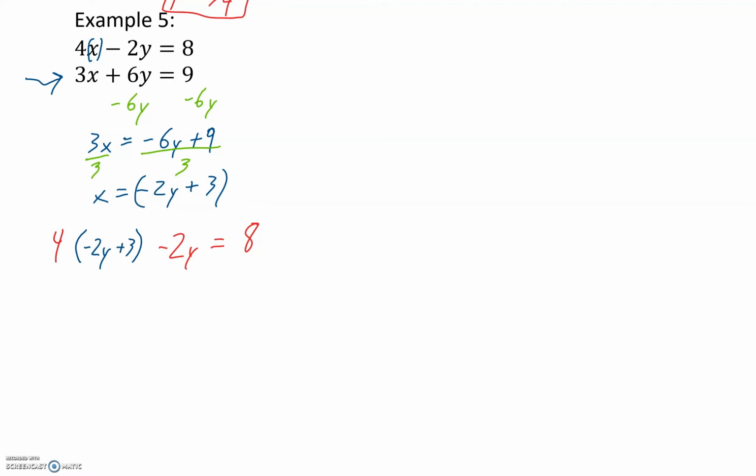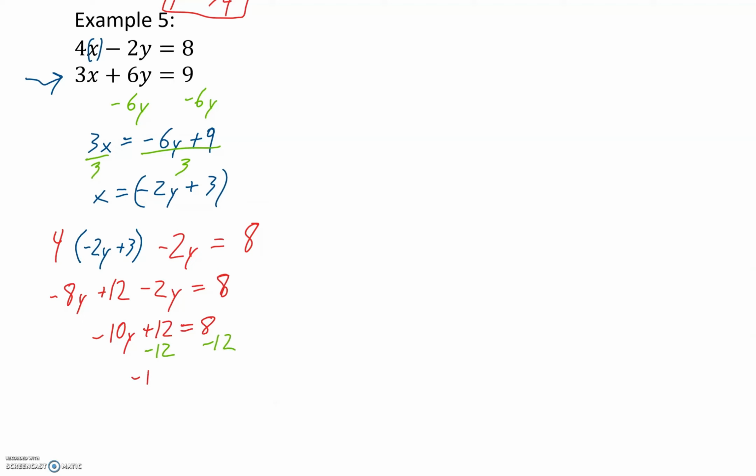Okay, now that we have that, we're going to expand it all out. So negative 8y plus 12 minus 2y equals 8. Let's put the y's together so we get negative 10y plus 12 equals 8. Okay, now we're going to move the 12 over by subtracting 12 on both sides.